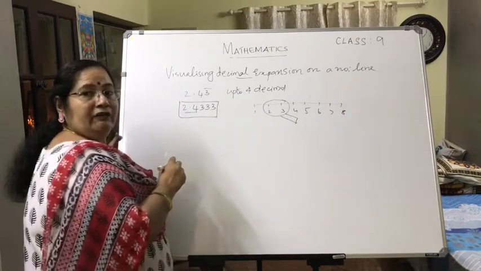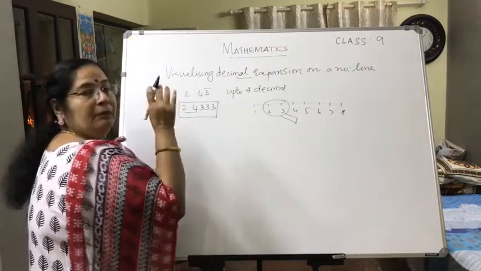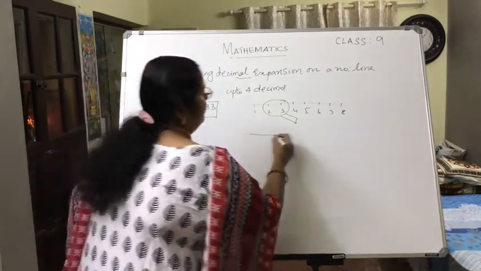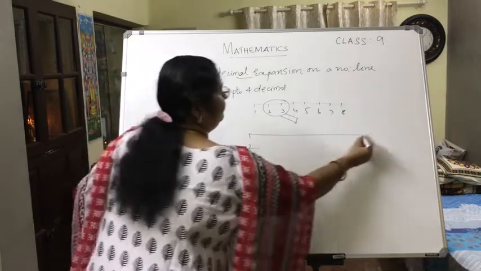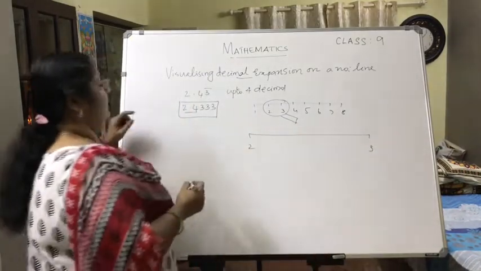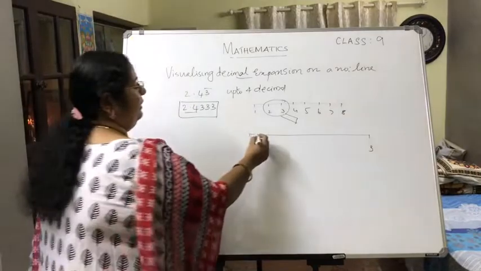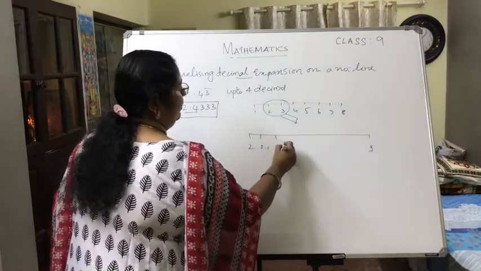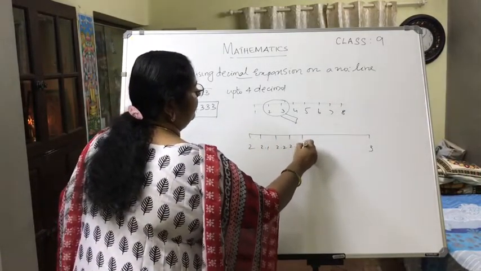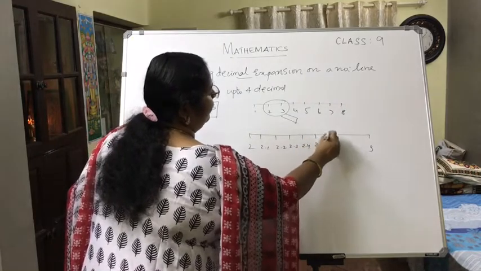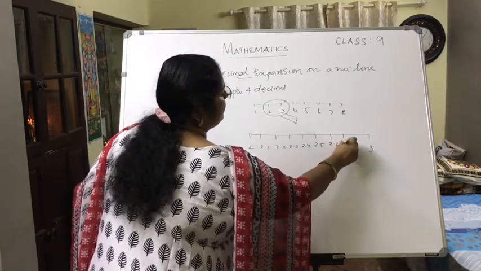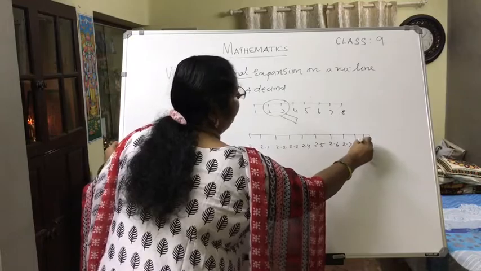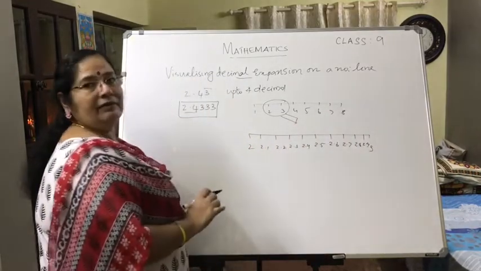So you are going to magnify the portion between 2 and 3. Here it is 2, 3. Now between 2 and 3 you have 2.1, 2.2, 2.3, 2.4, 2.5, 2.6, 2.7, 2.8, 2.9 and 3.